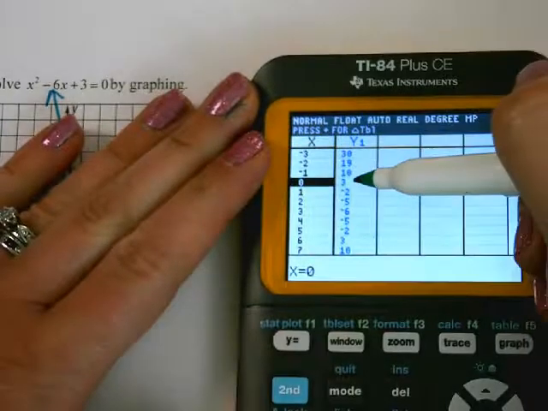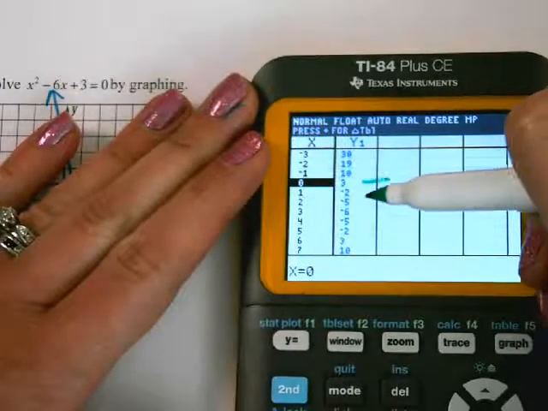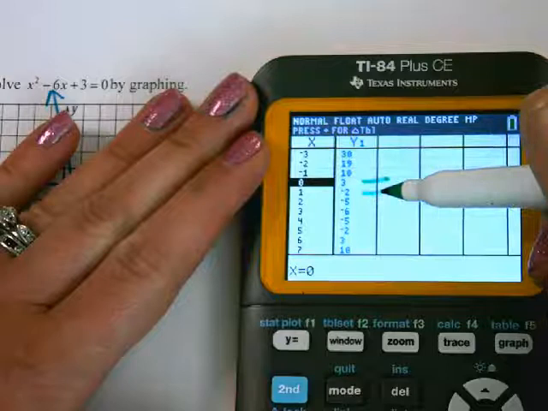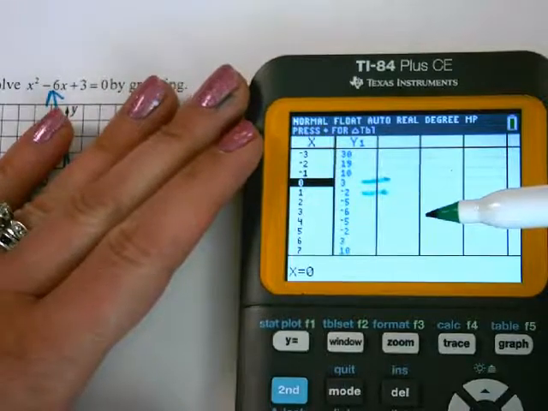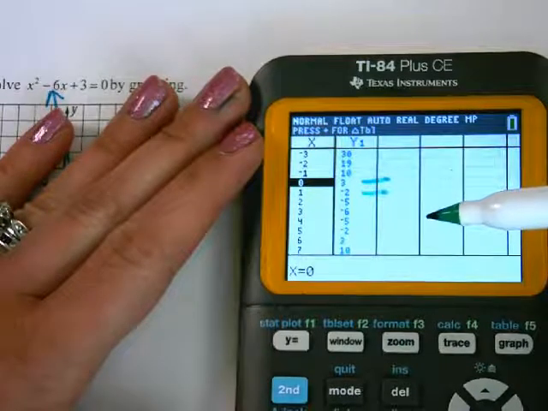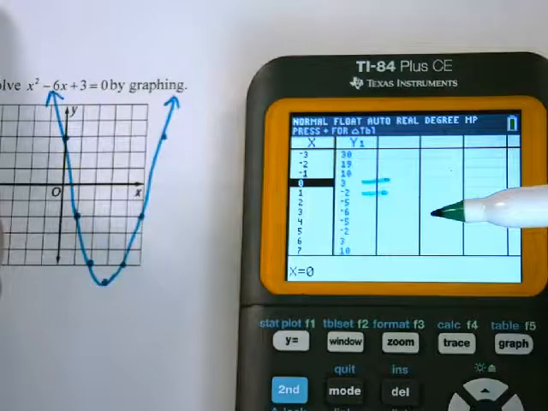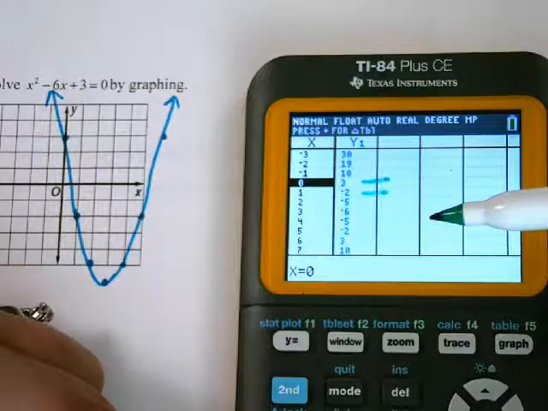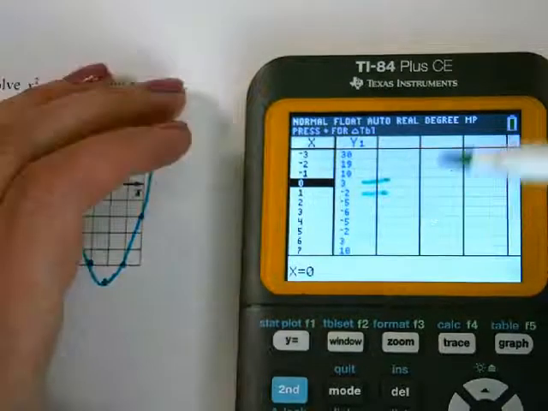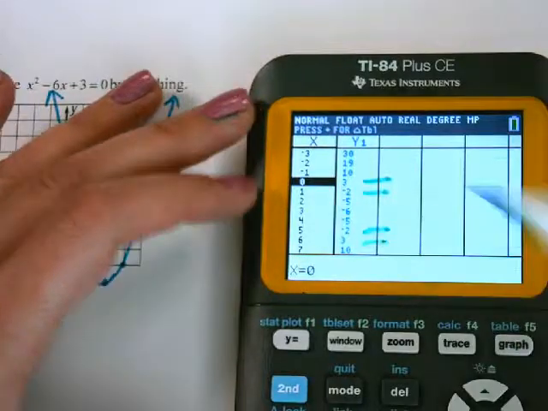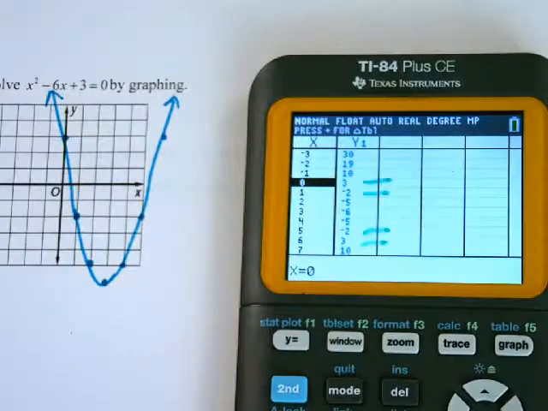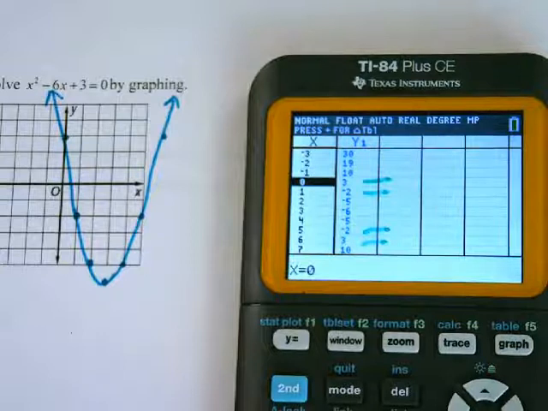At 0, I'm positive 3, and at 1, I'm at negative 2. To go from a positive number to a negative number, it's got to be 0 somewhere in between. Same thing with 5 and 6: I go from a negative 2 to a positive 3, so somewhere in between, it's got to be 0 as well.